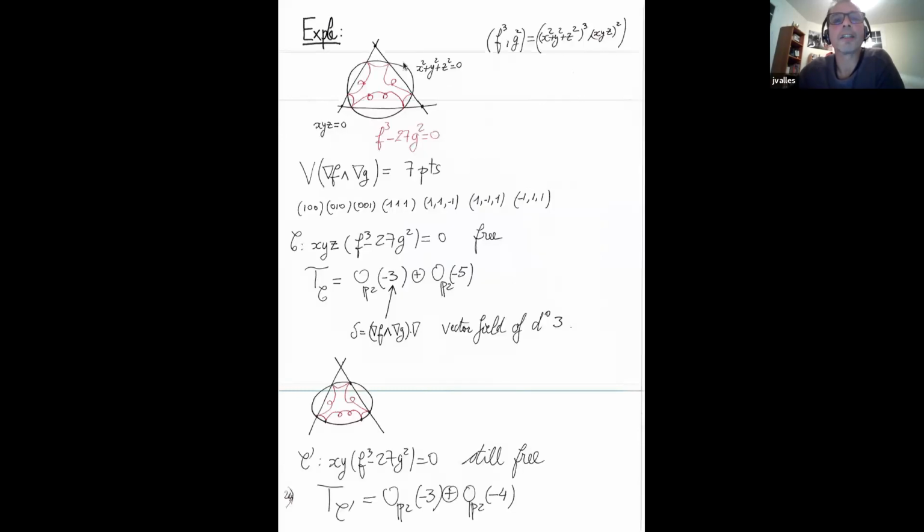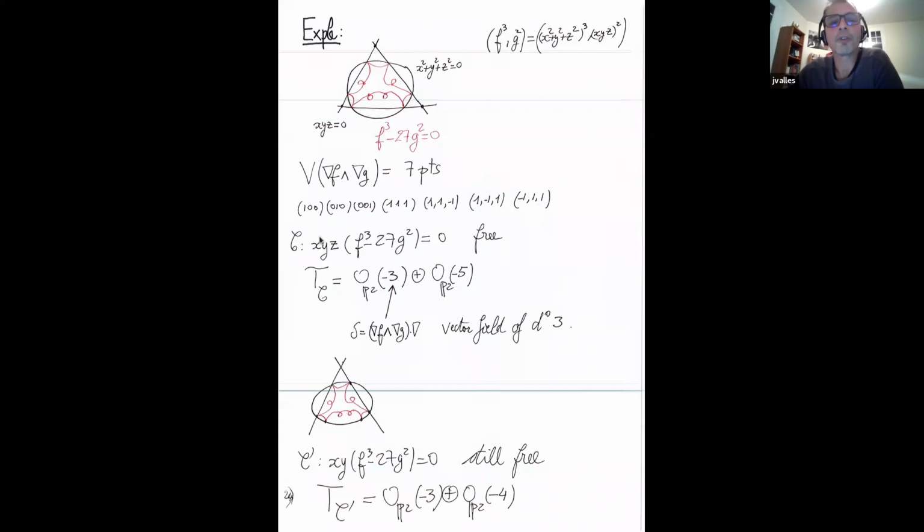If I take a triangle for the cubic and a smooth conic like this, then there is only one general sextic which is singular. So this F3 minus 27 G2 is singular along the 4 points.